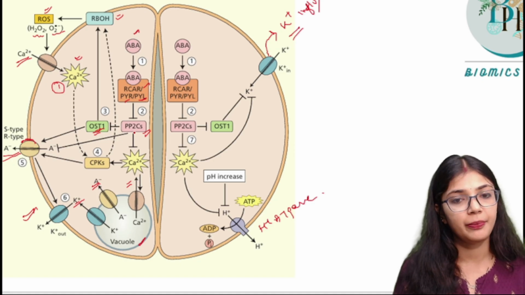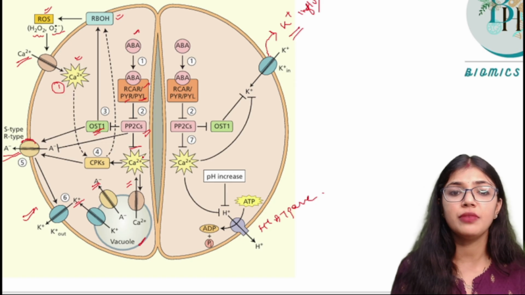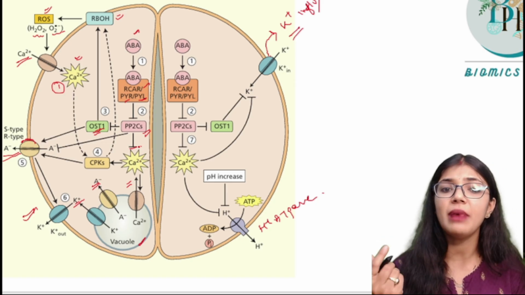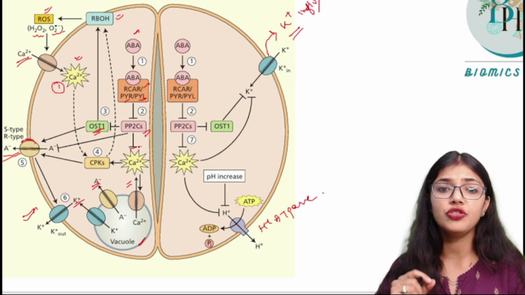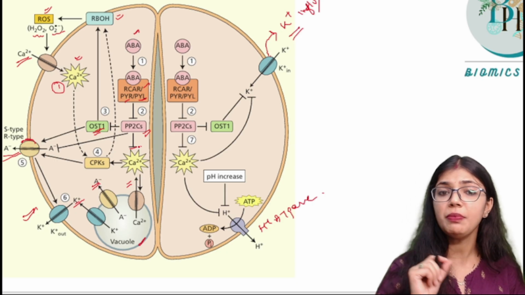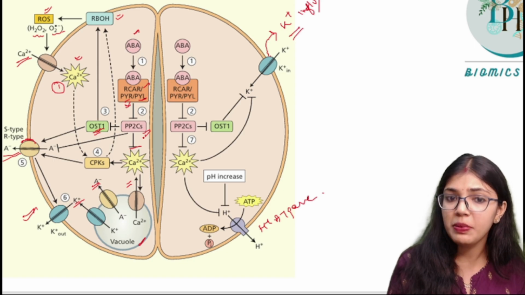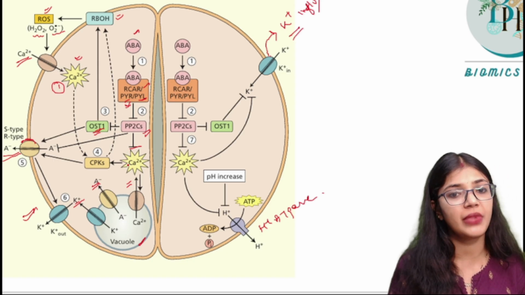Now the other way: this PP2C which was present was inhibiting the calcium ions. By default there will be some calcium ions present in the guard cell. So this calcium was inhibited by the PP2C. Now the PP2C is being inhibited by this receptor, so now the PP2C cannot inhibit the calcium ions.